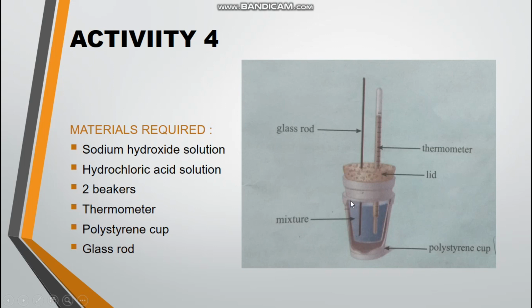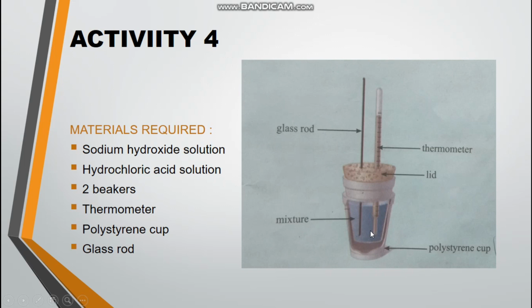We will close this with a lid, and by using a glass rod we will mix the sodium hydroxide solution and the hydrochloric acid solution. By using this thermometer we will measure the temperature of the system. Why do we use a polystyrene cup here? This polystyrene cup is an insulating cup.